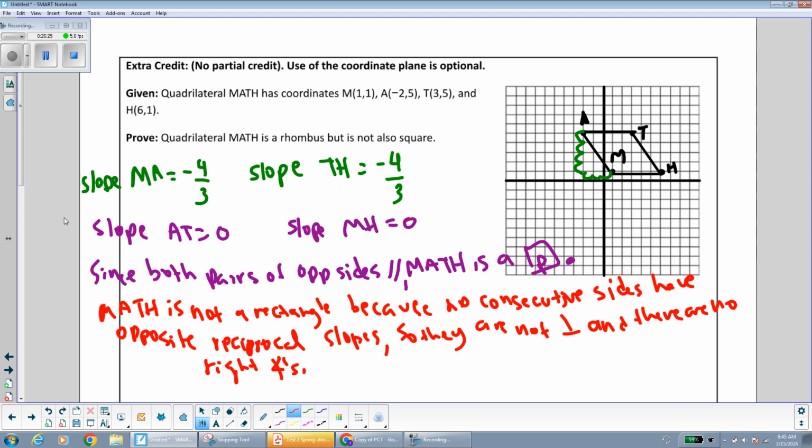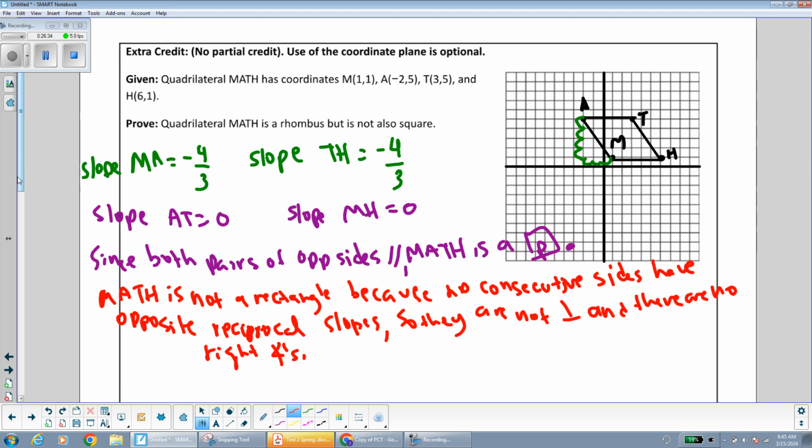So the last thing that we need to do is to show that it's a rhombus. So I showed that it can't be a square because it's not a rectangle. And first it had to start off as a parallelogram, but I also have to show it is a rhombus. So the property of rhombuses that I'm going to show, so if you like distance formula, you can show that consecutive sides are congruent.